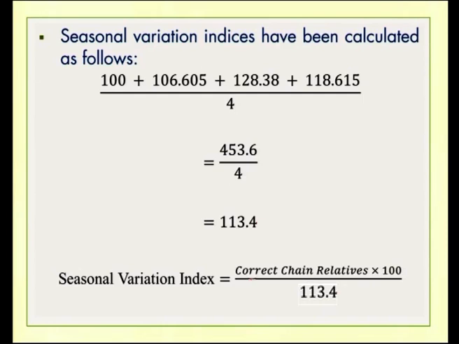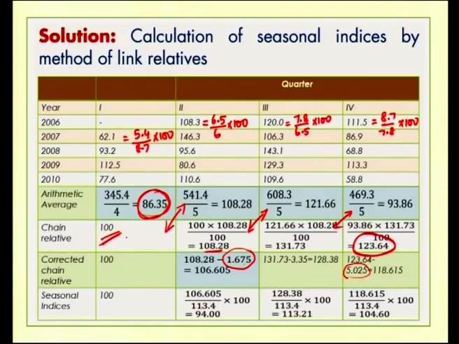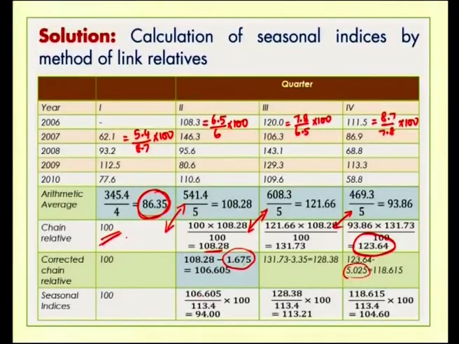So, the seasonal variation index is the corrected chain relative into 100 divided by 113.4. This 113.4 is the total seasonal index average of chain relatives. Then each one is divided, corrected chain relative by the average of chain relatives into 100, is 94. So, these are the left out seasonal index values.